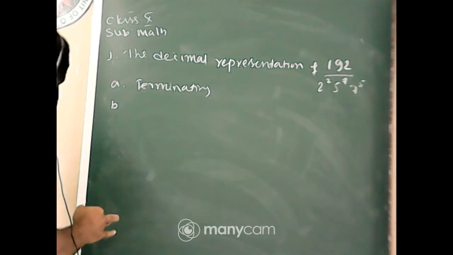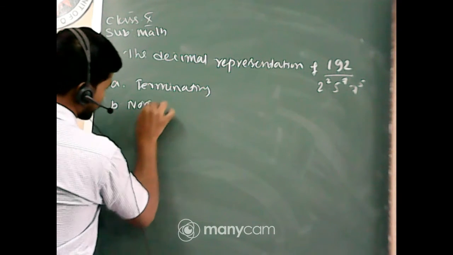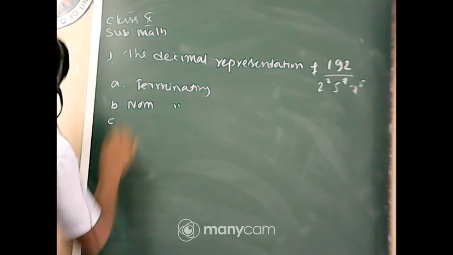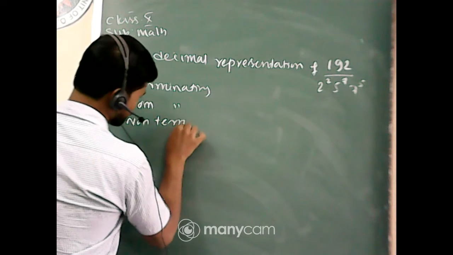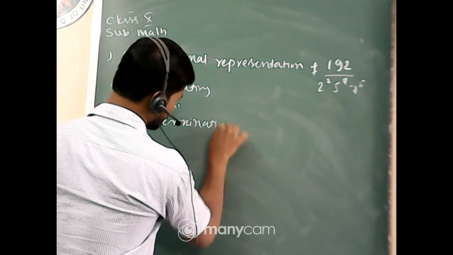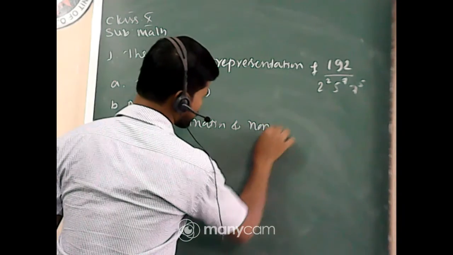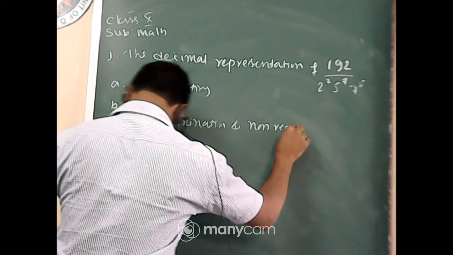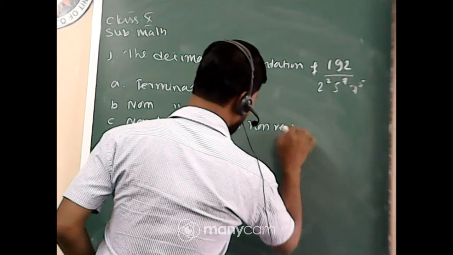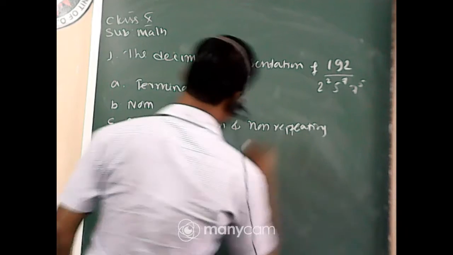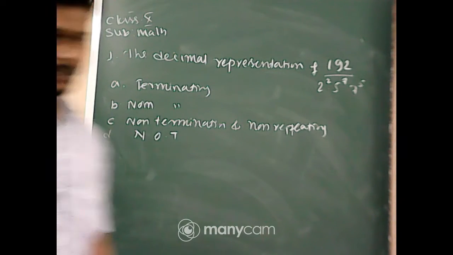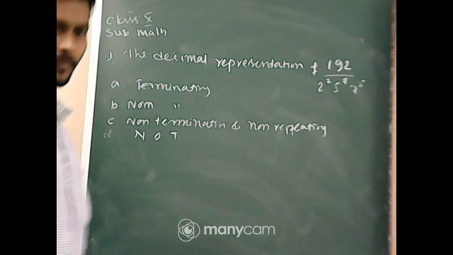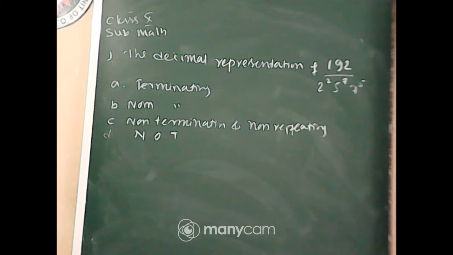Option B, non-terminating. Option C, non-terminating and non-repeating. And option D, none of this. So what will be the correct answer? Tell me. Option number B.